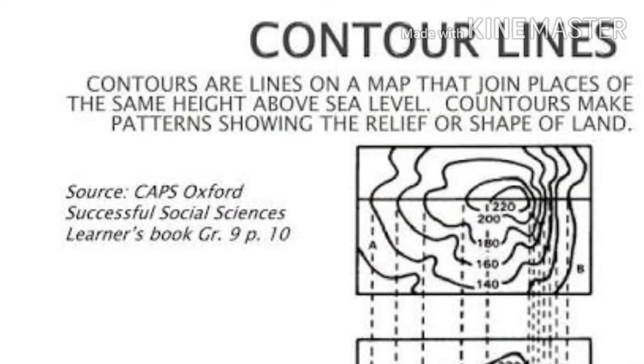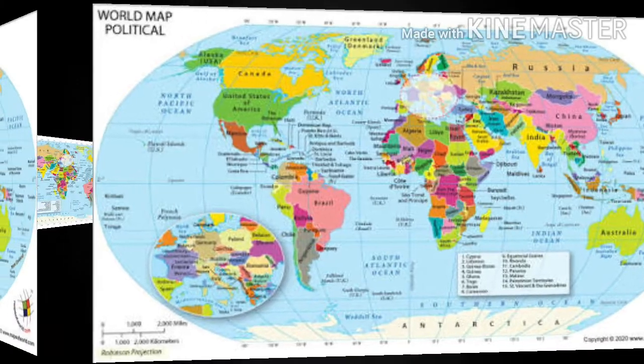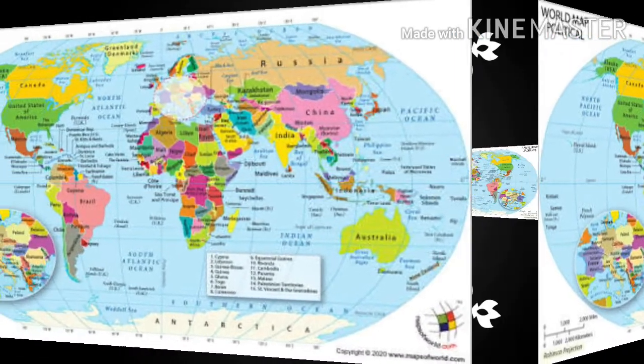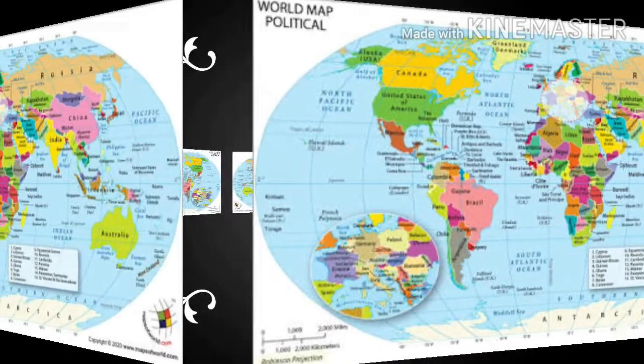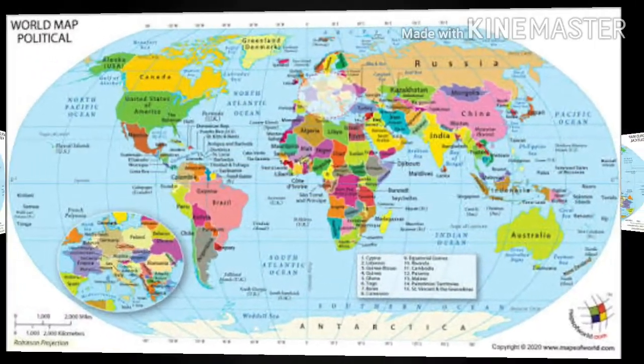Isolines are joining the places with some common features. Contour lines are usually drawn at fixed intervals of height such as 20 meters, 50 meters or 100 meters from the sea level.